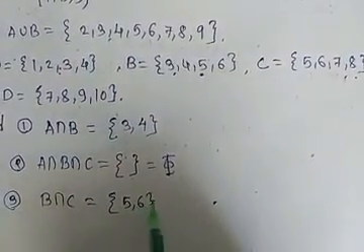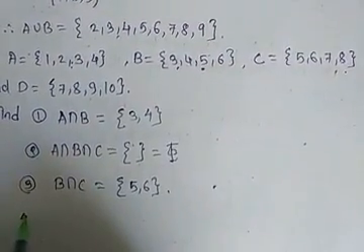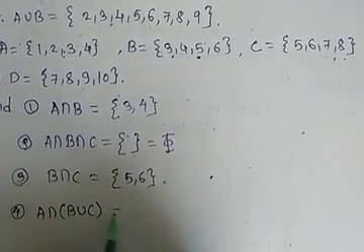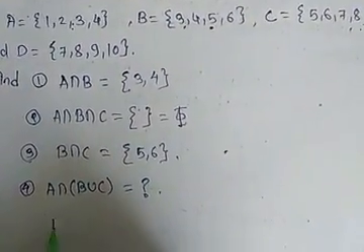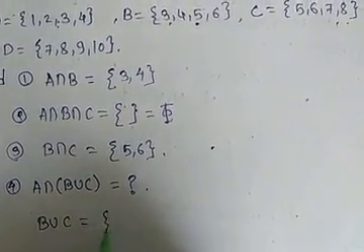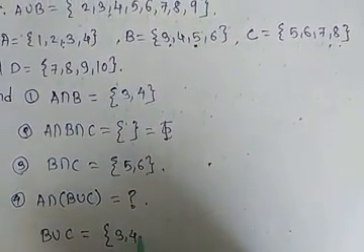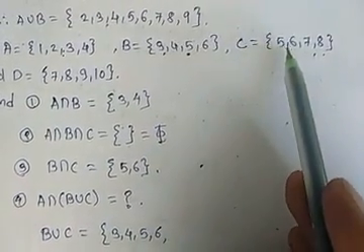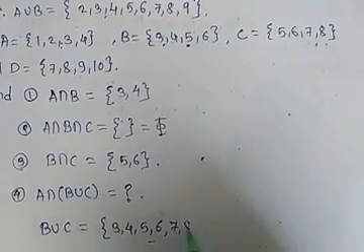Okay, now we have to find A intersection (B union C). For that we first have to find B union C. So B union C will be: write first the elements from B, 3 4 5 6, and from C, 5 and 6 we have already written, so only 7 and 8 remain.